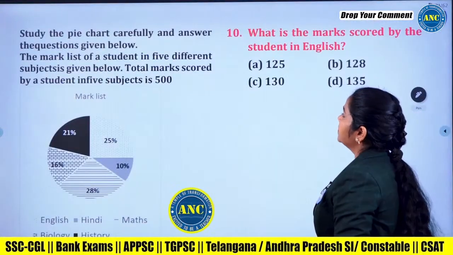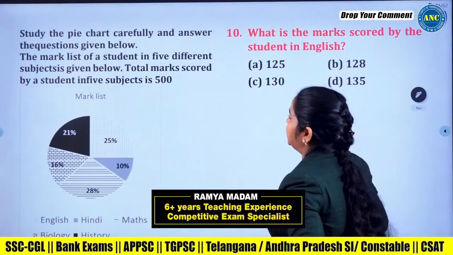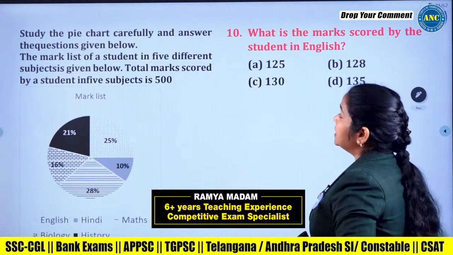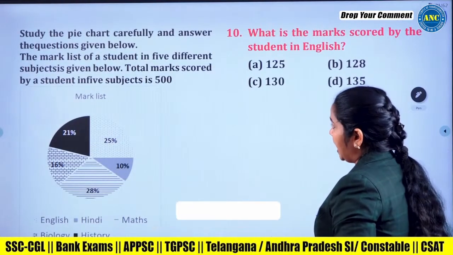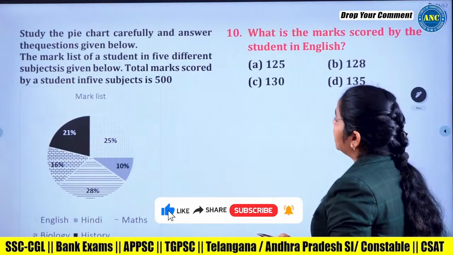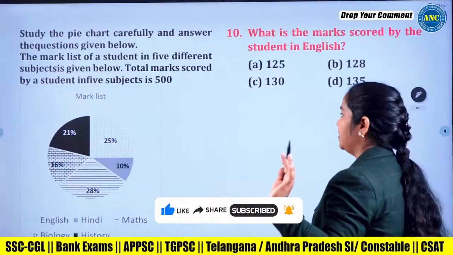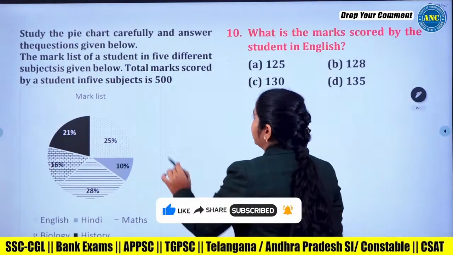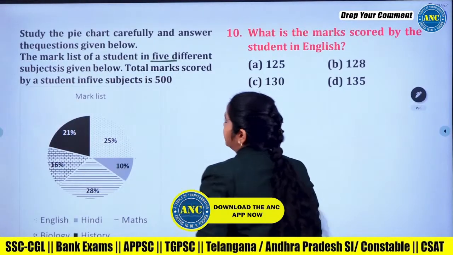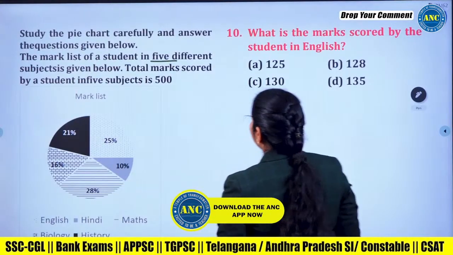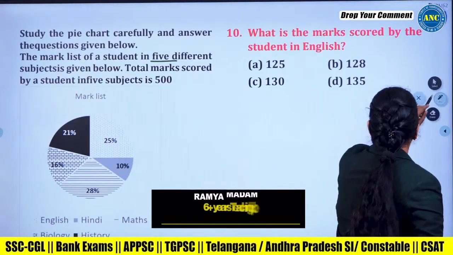Next. Read the question. Study the pie chart carefully and answer the questions. The mark list of a student in 5 different subjects is given below. How many different subjects we have? 5 different subjects.